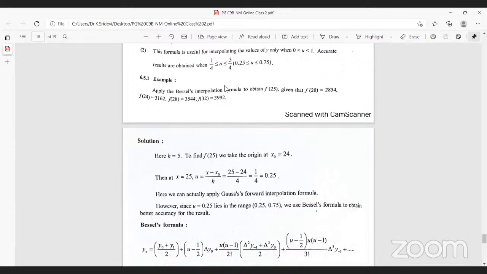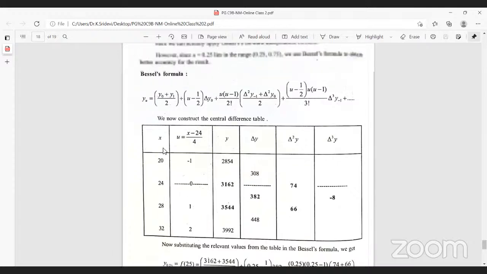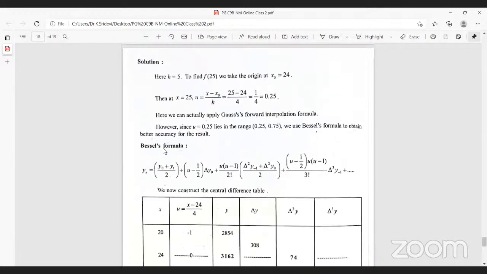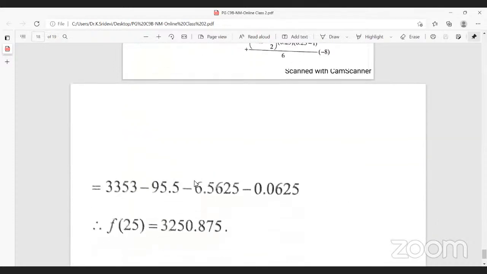Y values are this value and 3162 and 3544 and 3992. So where is 25? 25 lies between the x values 24 and 28. So definitely the functional value lies between 3162 and 3544. And 25 is near the middle of the values. Here I am taking x naught as the middle value like this. Okay. Now, substitute all the values and then you can get it.